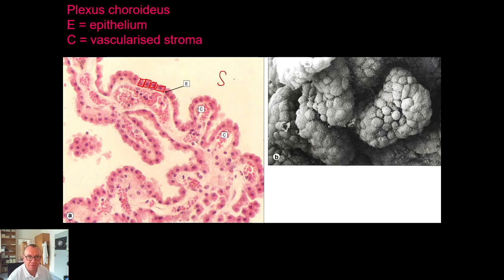So here is cerebrospinal fluid, and the function of choroid plexus is production of cerebrospinal fluid. So this microorgan is secreting or producing cerebrospinal fluid.